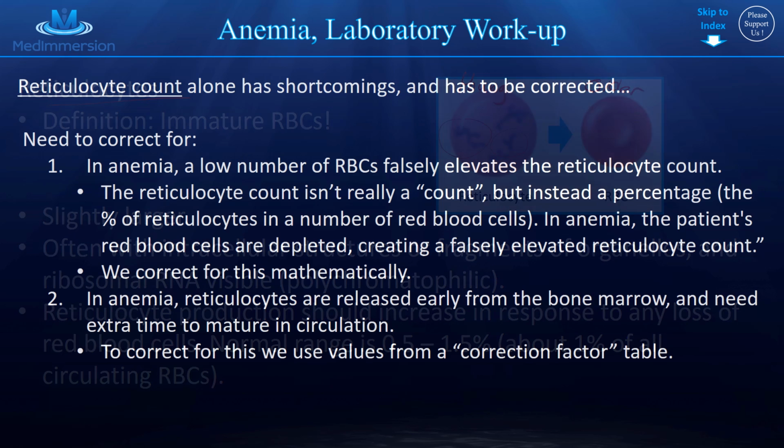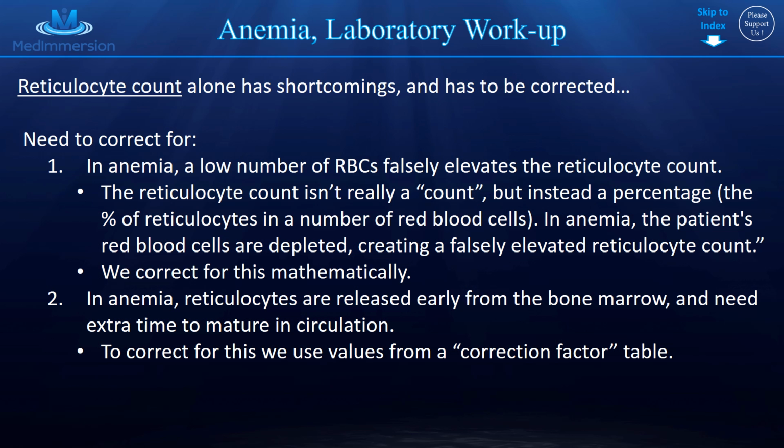Let's move on. So in the process of building you up, the first thing I need to explain is that the reticulocyte count is a great thing to know. But if you use it all by itself, it has some shortcomings when you're trying to figure out anemia. And there's two that we need to correct for.